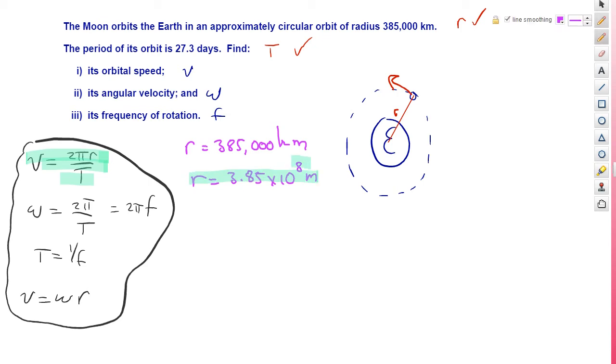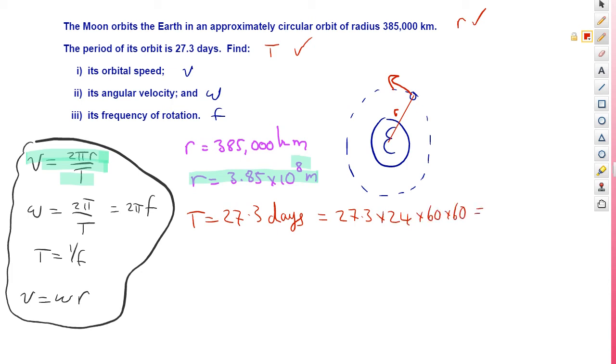And let's write the orbital time period in seconds instead of days, so 27.3 days. In SI units, that's going to be 27.3 times 24 times 60 times 60.